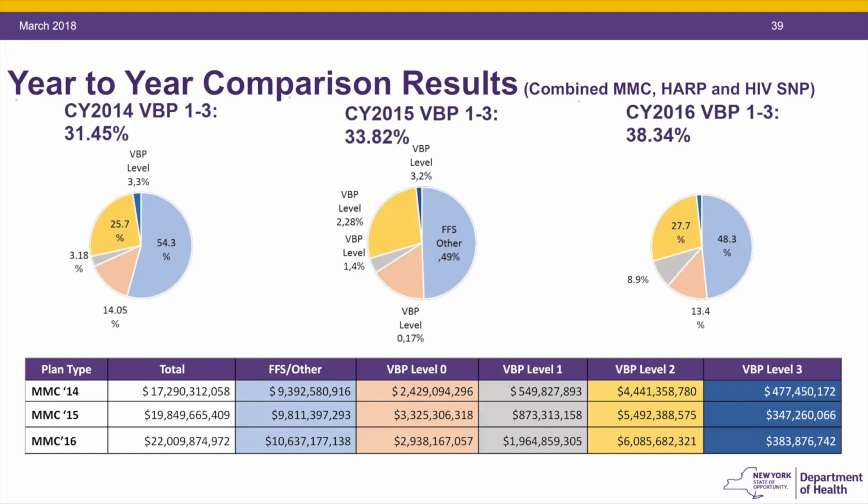In calendar year 2015, about 34% of payments were in value-based payment. Calendar year 2016, 38%. And as I said, to date, 9 months of calendar year 2017 show about 44% of payments being paid to providers in some type of value-based payment arrangement. Next slide, please.